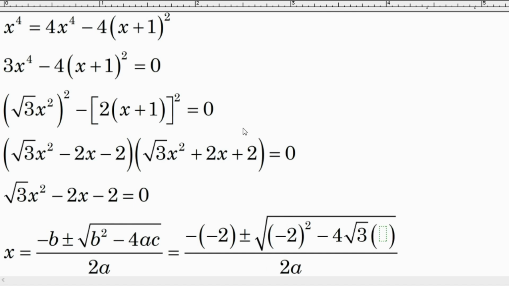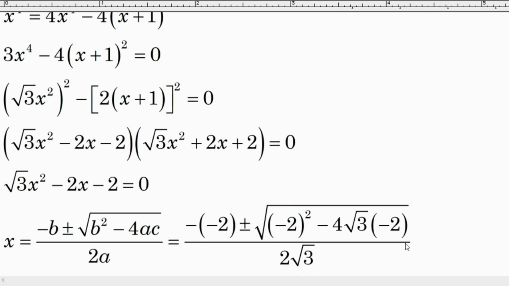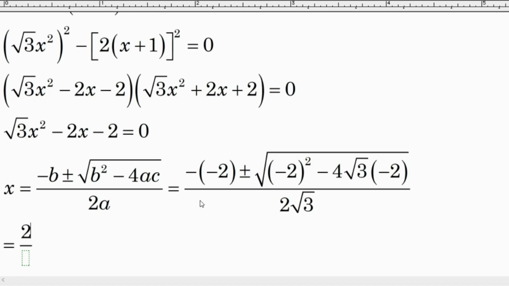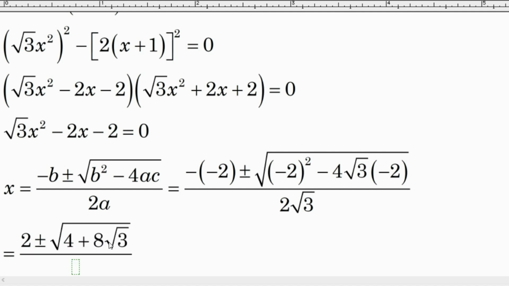Alright, so then x equal to, negative with negative sign, we will get positive 2, and then plus or minus square root of, now you can calculate this, and we will get 4 plus 8 square root of 3, and then all divided by 2 square root of 3.